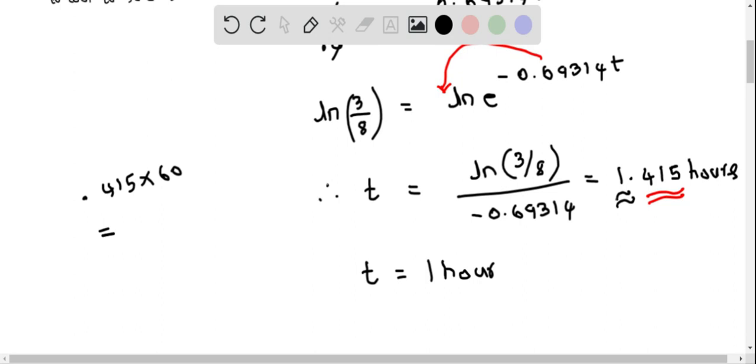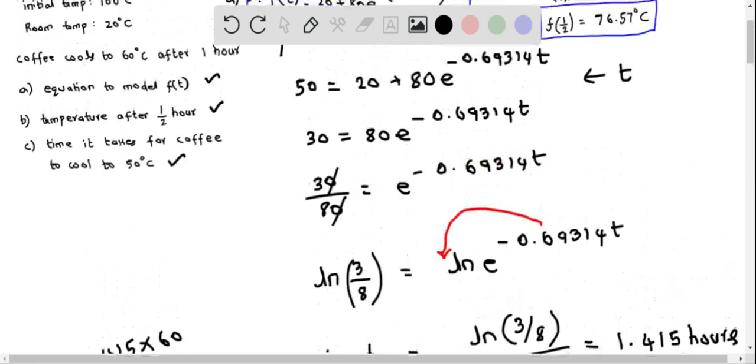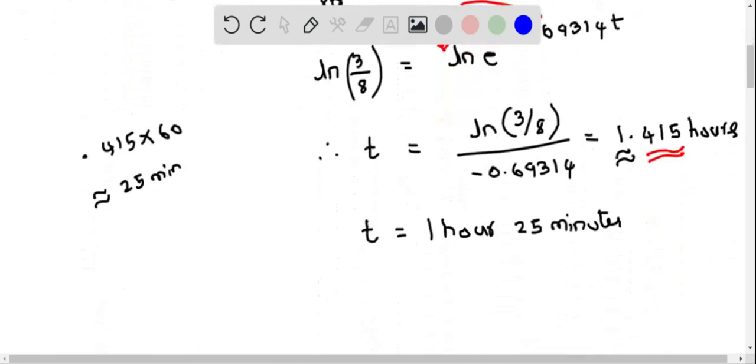So when we do that, we approximately get 25 minutes. So we write down this as 1 hour and 25 minutes. So that is, after 1 hour and 25 minutes, the temperature of the coffee cools to 50 degrees centigrade. So this answers part C.